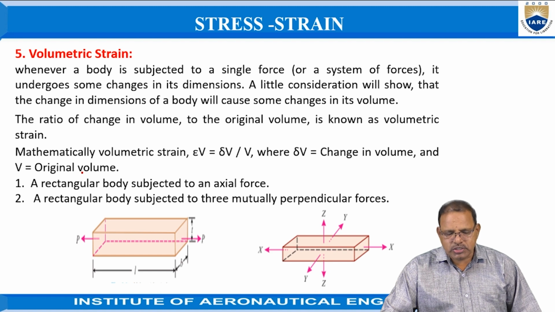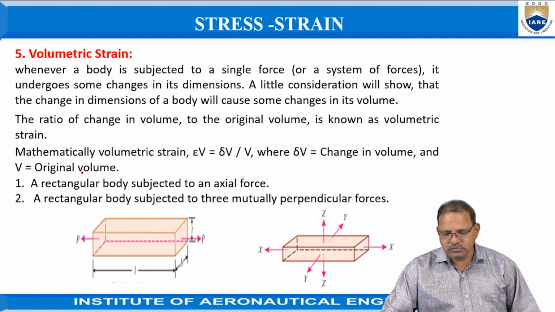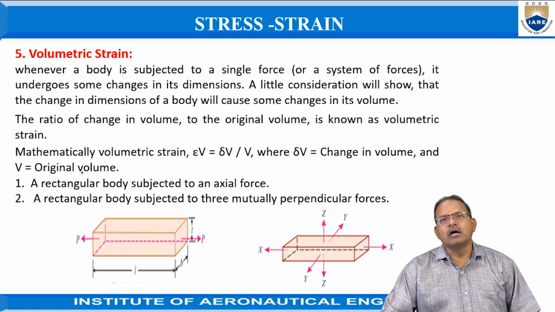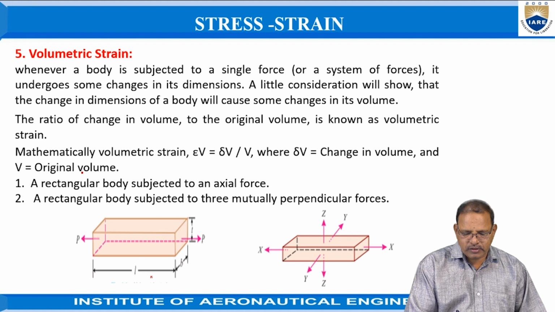Volumetric strain. Whenever a body is subjected to a single force, or sometimes a system of forces, it undergoes some changes in its dimensions. Example, here I am taking figure number 1.